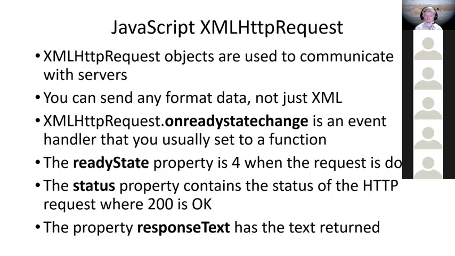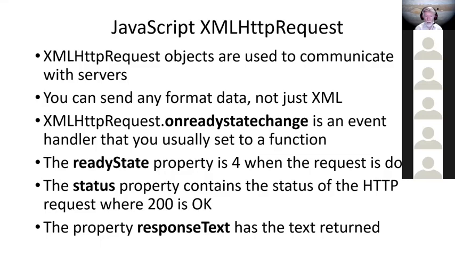But whoever created the object thought that was back when they thought it was all going to be XML, so they called it XML. But now it just sends a bunch of bytes. Bytes are bytes. It's going to send a bunch of bytes from your program to the server, and then possibly get a response from the server back to your program. And the object that does this background communication is the XMLHttpRequest object.